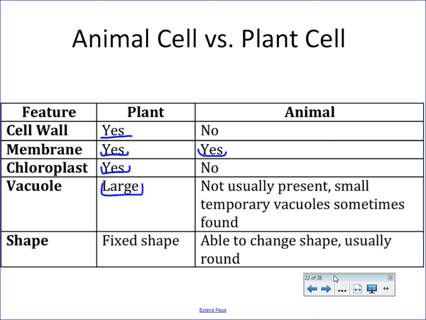Vacuoles will be large within plant cells, and in animal cells, they're not usually present, but sometimes you can find small temporary vacuoles. And plant cells will generally have a fixed shape, whereas animal cells are able to change shape and are usually round in nature.